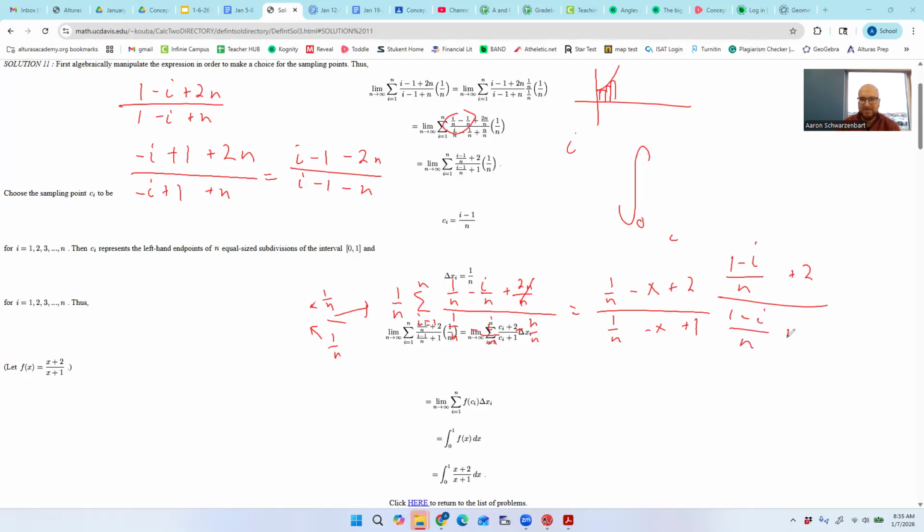So I can treat this like it's an x, but it's got a shift on it. Well, they didn't do the shift. So it's like the i over n, but it's i minus 1 over n.